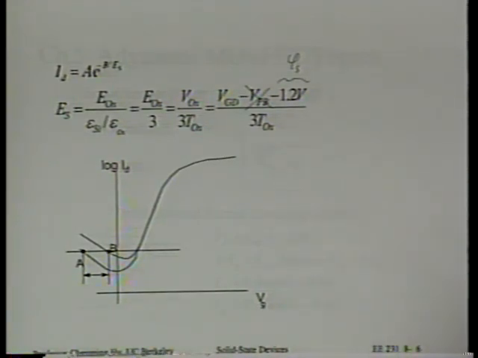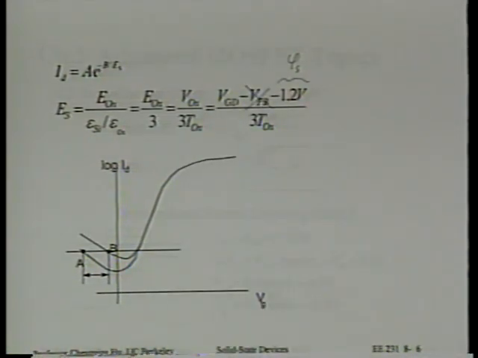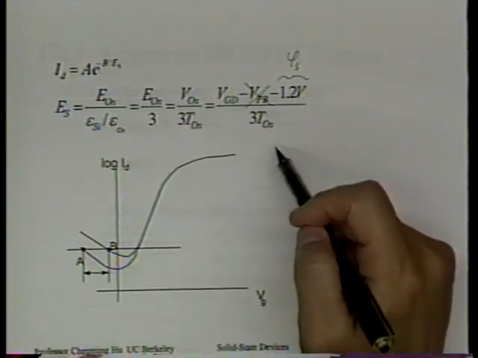There are some approximations and assumptions used in this model, and we can examine these assumptions a little bit. An interesting question is this. You notice in this analysis, the doping concentration of this N plus region does not appear.